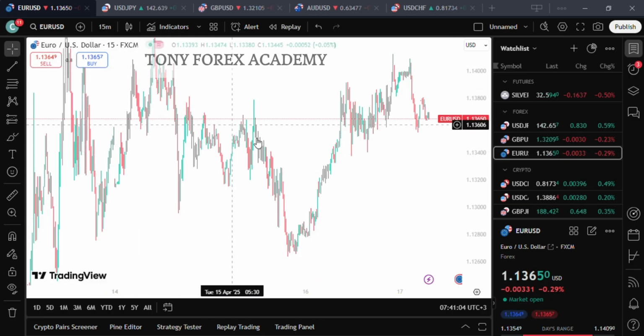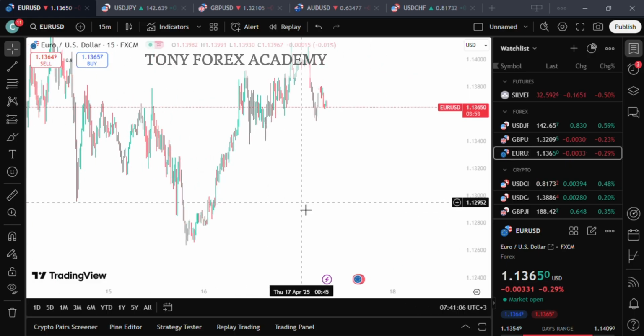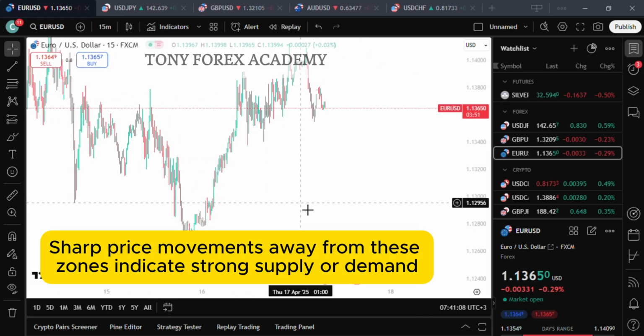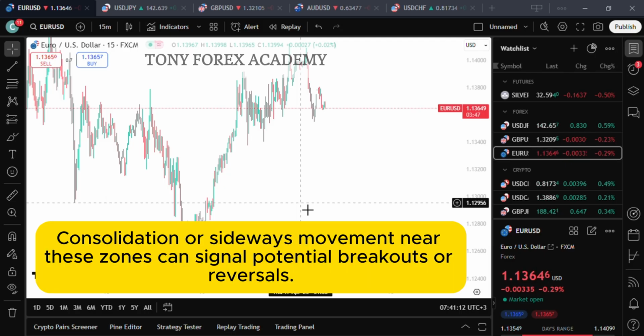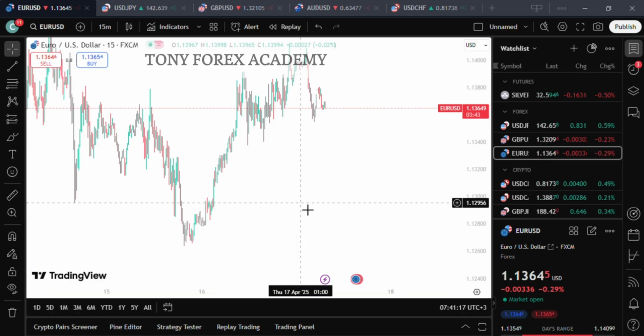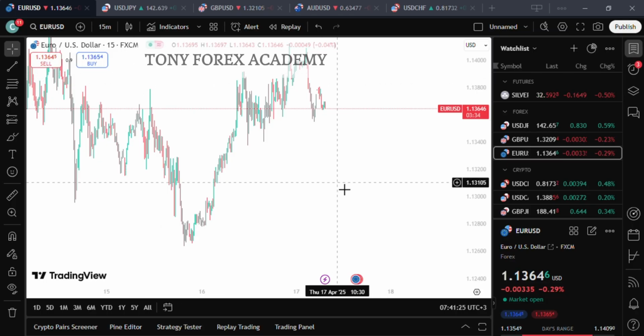So the price movement for this pair is quite predictable, and you can take advantage of this movement and make money, as opposed to very volatile commodities like gold. If you try that as a beginner, trust me, you're going to lose money quite fast.